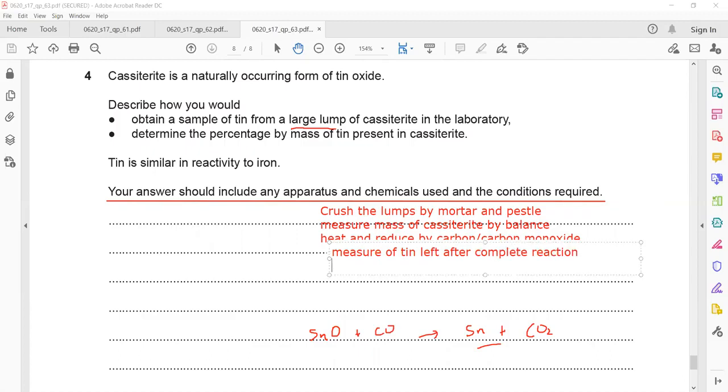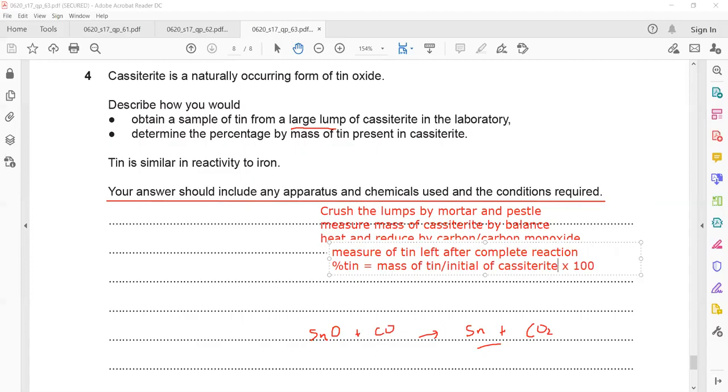So percentage of the tin is equal to mass of tin divided by initial mass of cassiterite and multiplied by 100.